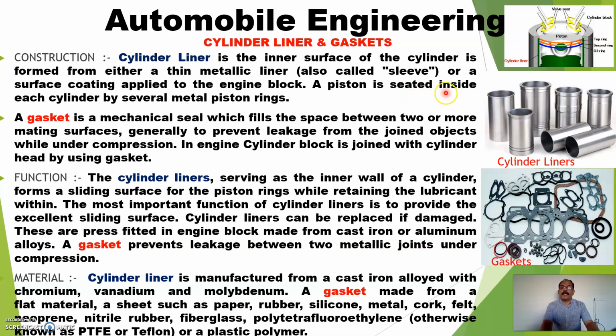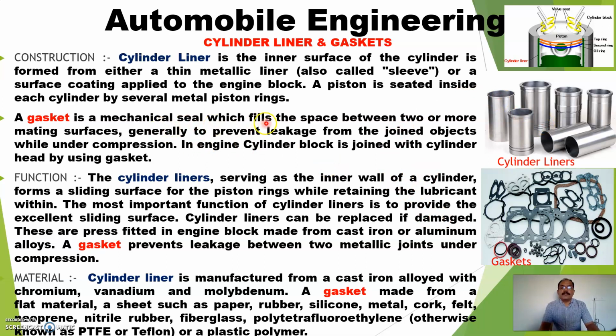A piston is seated inside each cylinder by several metal piston rings, because we know that the piston never comes into contact with the full body of the sleeve. It has three rings on the piston. We'll discuss this later on. These three piston rings will come into contact with the inner side of these sleeves, or the cylinder liners.